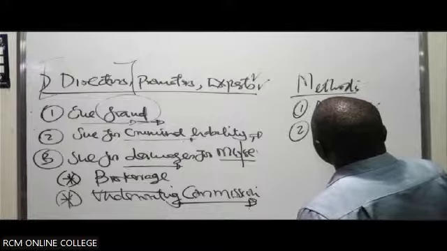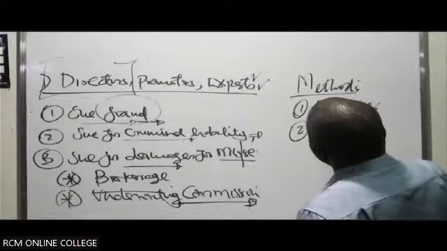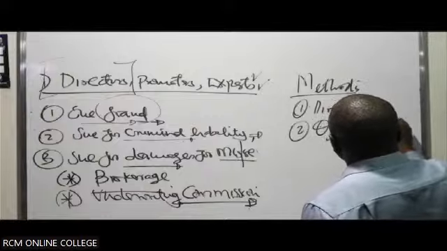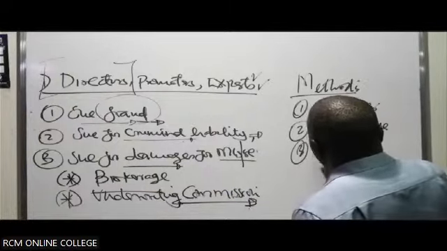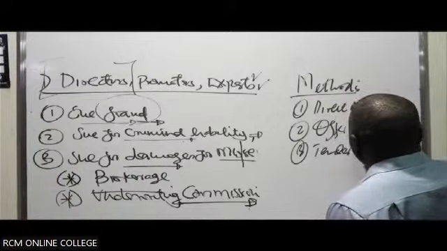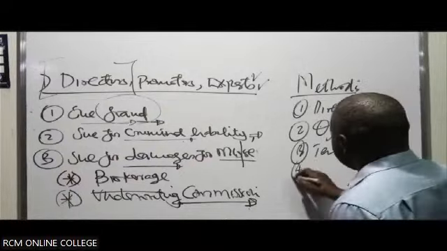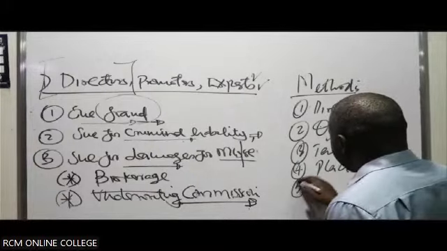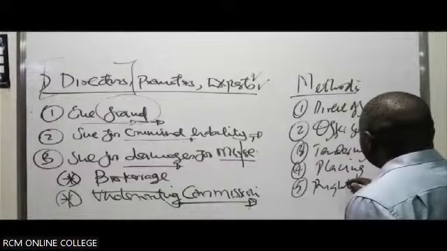We have offer for sale. Then you have tendering. Then you have a rights issue.